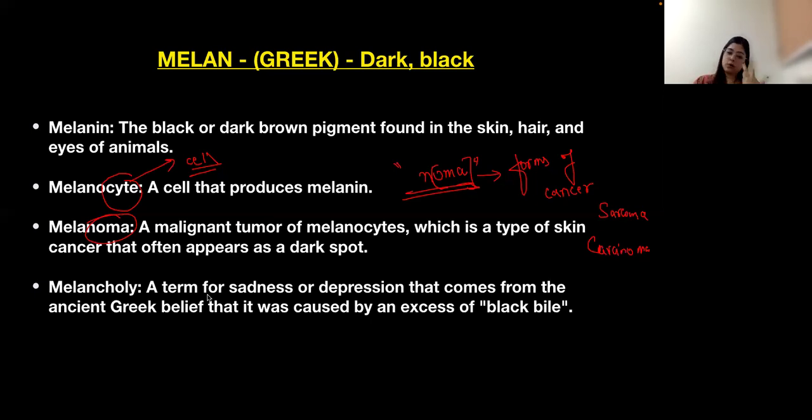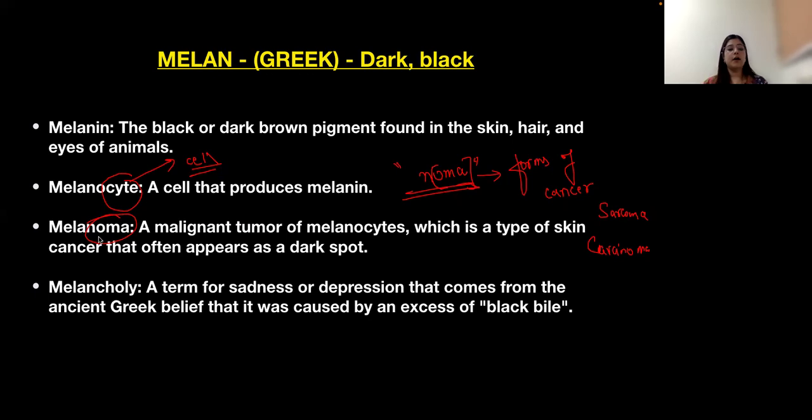Melancholy. So now we know, I am sure everyone must be aware of this particular word, melancholy. To be in a space of melancholy or to be in a melancholic mood is to be very depressed or to feel very, very sad. But ye word originate kaise hua hai?